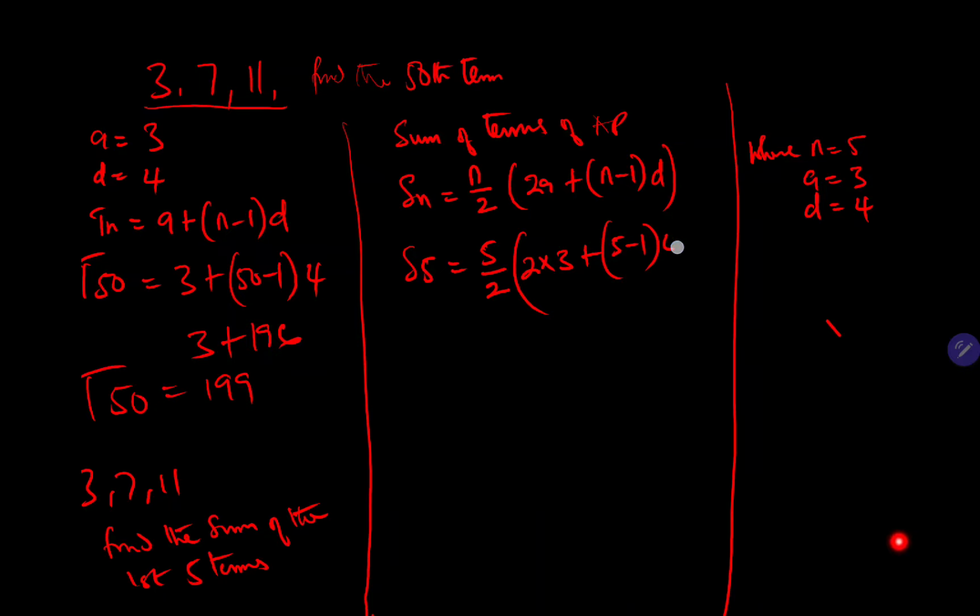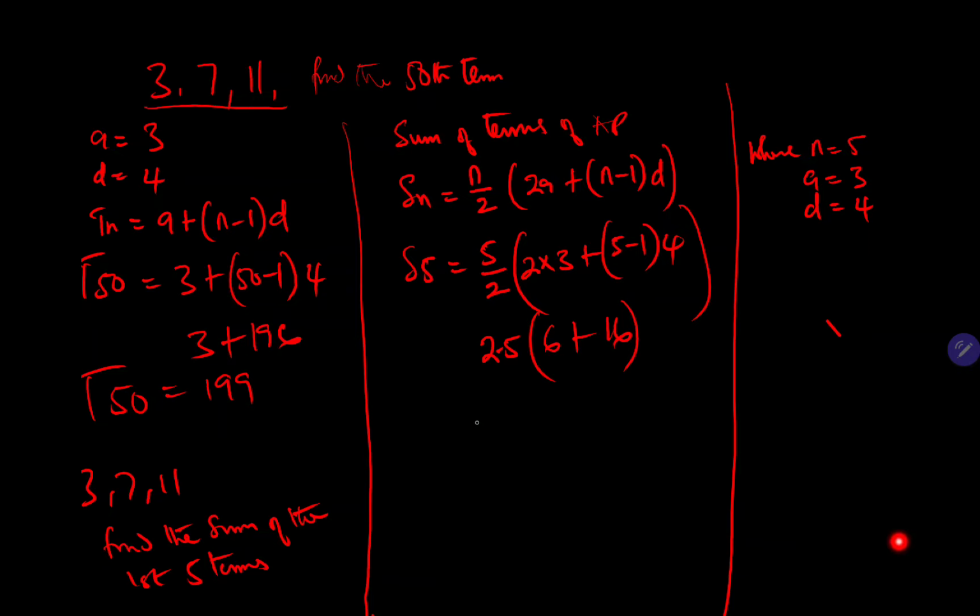The common difference of 4. Okay, so 5 over 2, half of 5 is 2.5, we can say 2.5 multiplied by 2 times 3 is 6, plus 5 minus 1 is 4, 4 times 4 is 16.